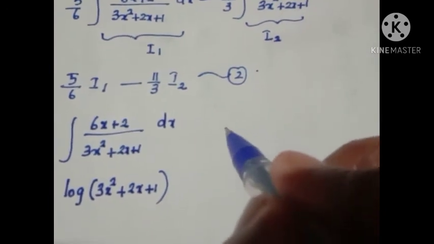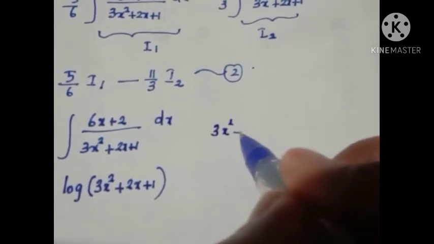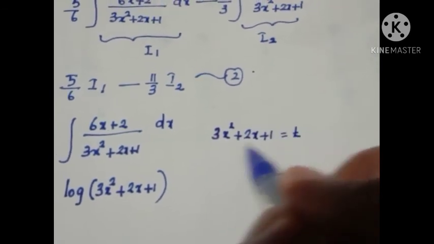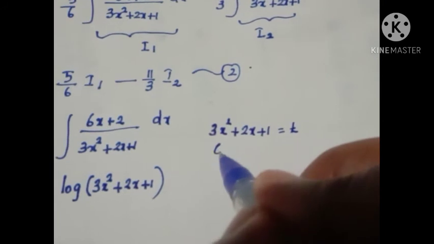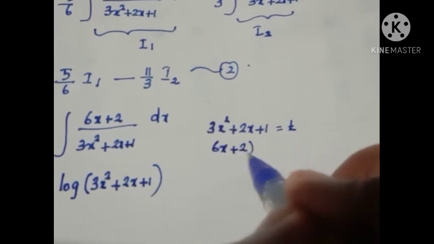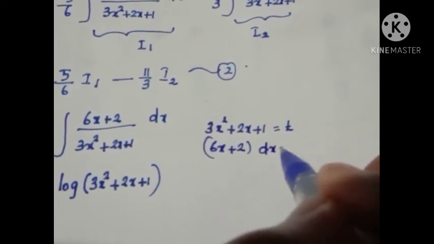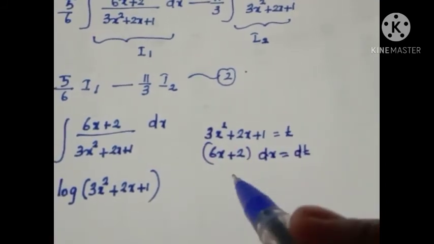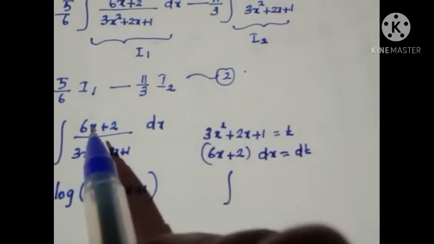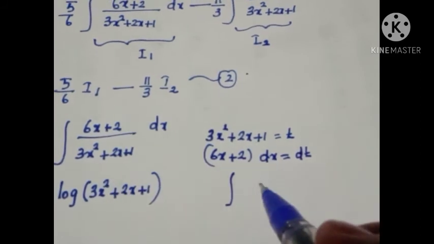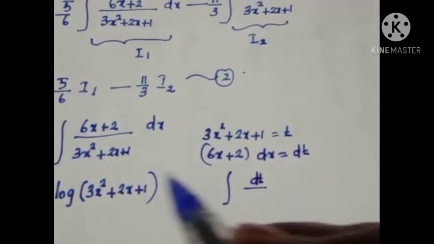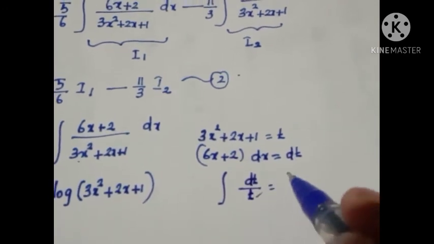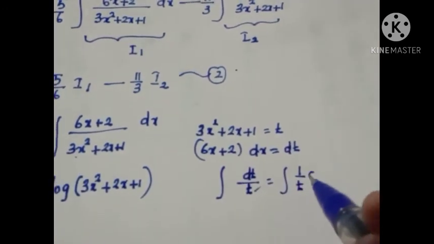That means if you put 3x² + 2x + 1 equal to t, denominator equal to t, then differentiating, left side is (6x + 2) dx, right side is dt. So this expression becomes integral 1 by t dt.